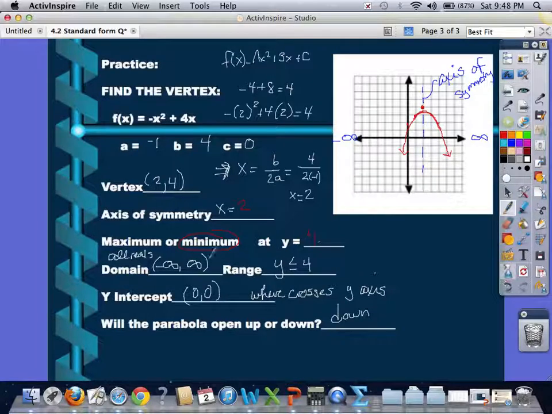Then you determine the domain and range. And again, with parabolas, the domain is always going to be all reals. And your range will be whatever your y value is, and depending on if it's going up or down, less than or greater than. And then your y-intercept is where it crosses the y-axis, and whether it opens up or down depends on if the quadratic term right here is positive or negative.